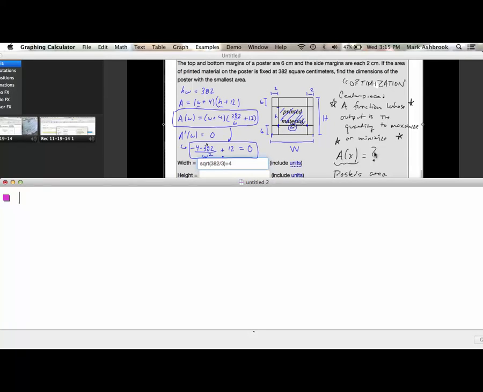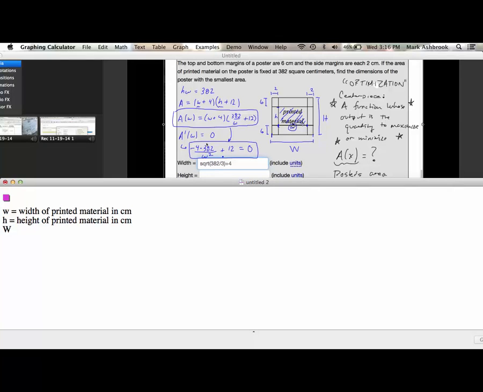And so, like the related rates problem, it's really important that you define quantities. So I'm going to actually write these out. I didn't do this, but this is really important. Little w is the width of printed material. We want units for that. Little h is the height of printed material in centimeters.